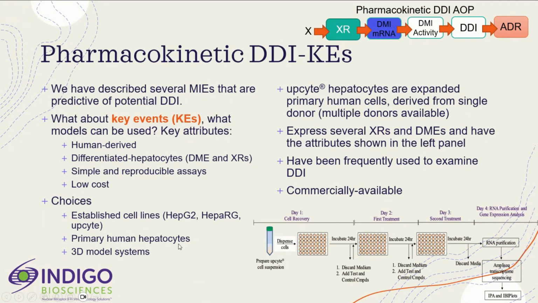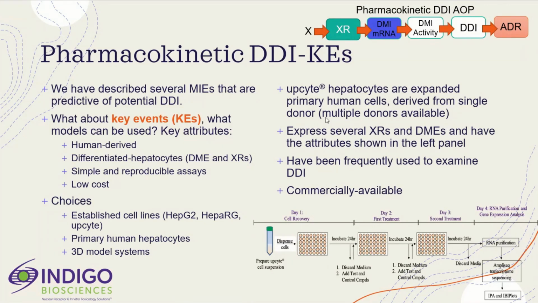They may look at primary human hepatocytes, a variety of different 3D model systems that are out there. We focus on what are called Upcyte hepatocytes, and these are commercially available cells that are transformed human hepatocytes that are derived from a single donor that are easy to expand.